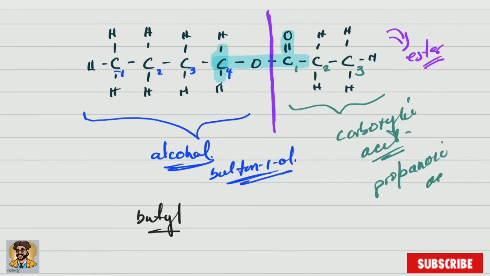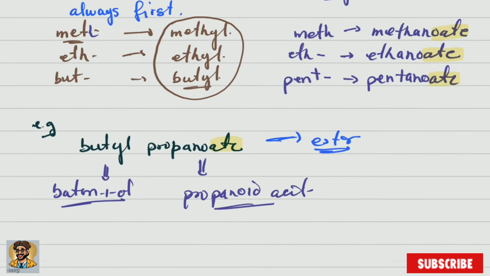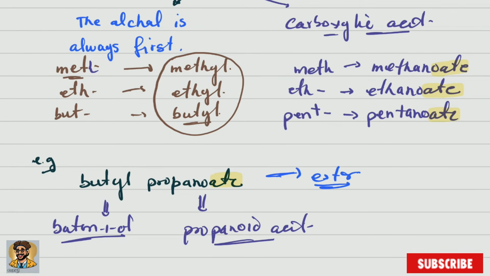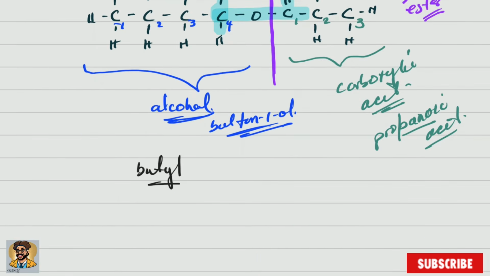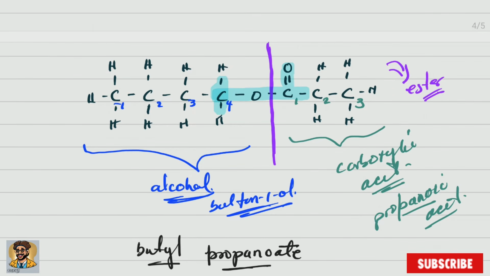That was the acid used. So we said before, the part that is coming from the acid will end in -oate. So if it was propanoic acid, it will become propanoate. So that's all, and that is how we write the name here. This one is propanoate. This is the name of this specific ester.